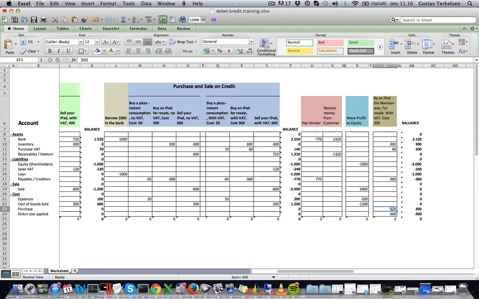So you could buy the item for 300 some days, sometimes you buy it for 301, maybe 305, maybe sometimes just 295. But we have decided that whenever we book this into the inventory, it has to land on our inventory at a value of 300.